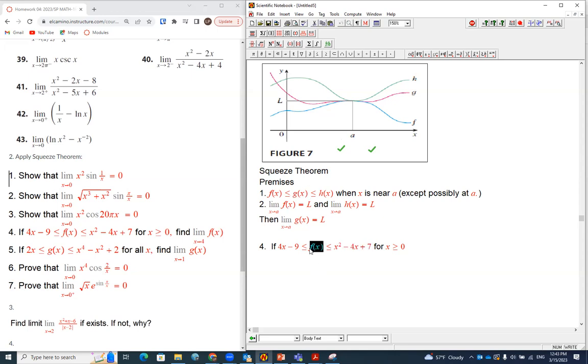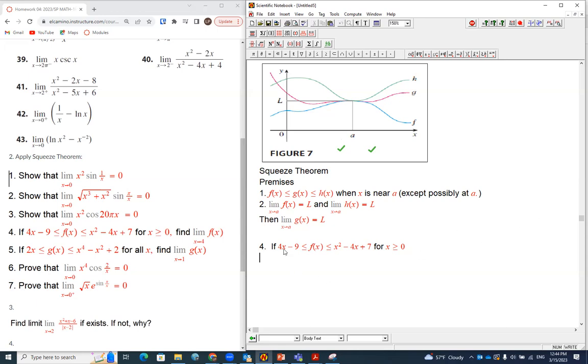Well, that's our F. We actually don't know. Some of you took 4x minus 9 as F, or some of you took x squared minus 4x plus 7, at least in your writing, as F. Those are terrible mistakes because we don't know what F is.